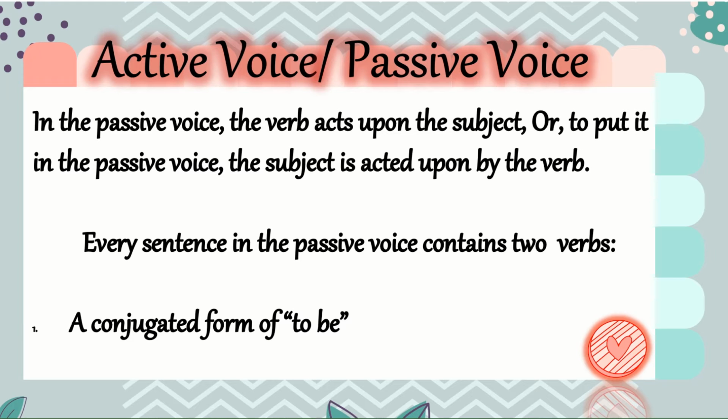First, a conjugated form of the verb be. If it is in present, you can use is or are. And if you're using past, was, were. Also, you can use been. Second, the main verb's past participle. You have to use it in past participle.